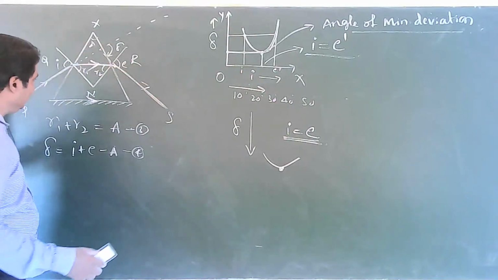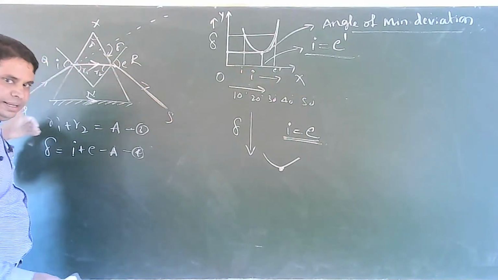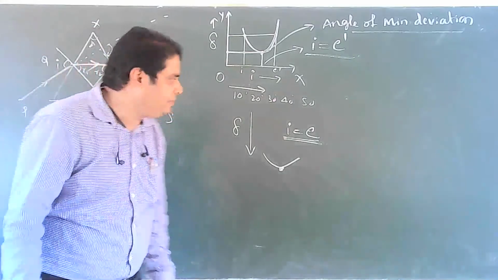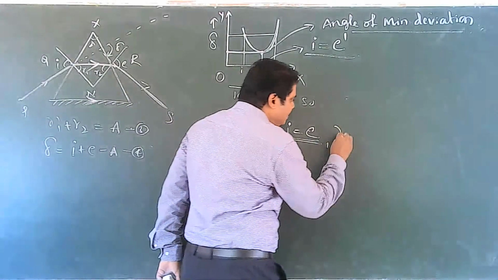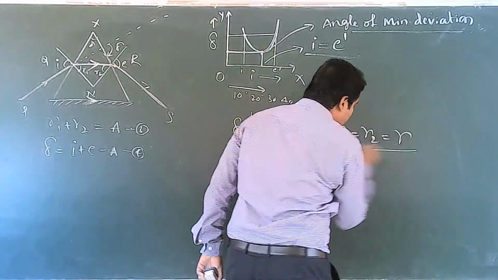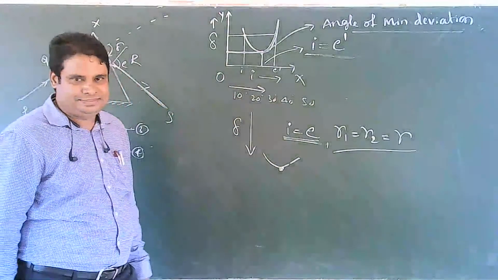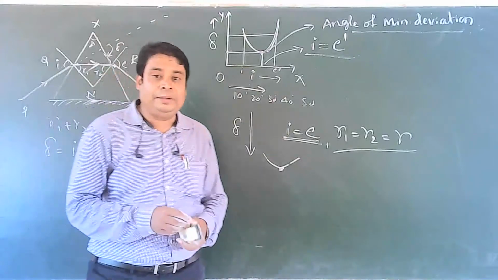Then we observe some symmetry. What we get? The angle of incidence will be equal to the angle of emergence. Not only this, both the angles R1, R2 will be equal to R. This is a condition. You have to remember.